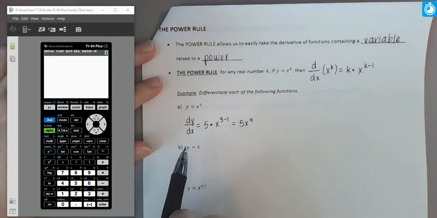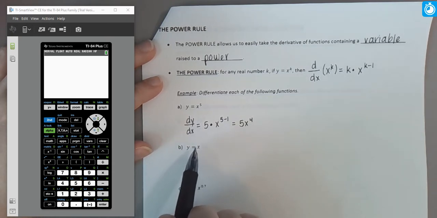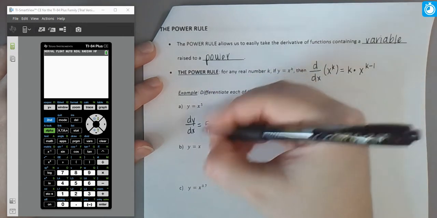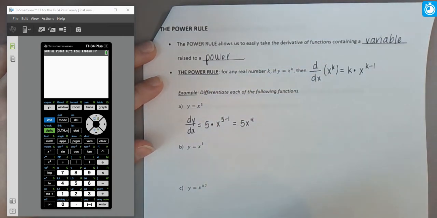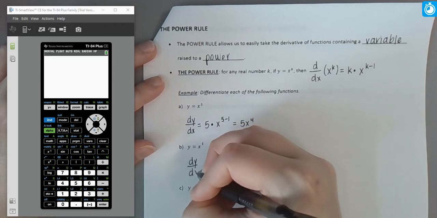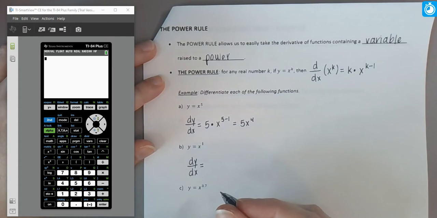Now let's try another one. Y is equal to x. Why does the power rule apply here? Well, we've got our variable. Even though the exponent is not written, there is an implied exponent. Anytime we have the variable without an exponent written, remember there's an understood exponent of 1 there. So what would the derivative of y with respect to x be for this function?